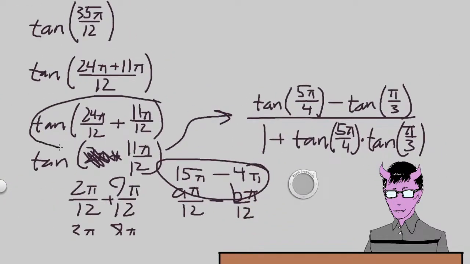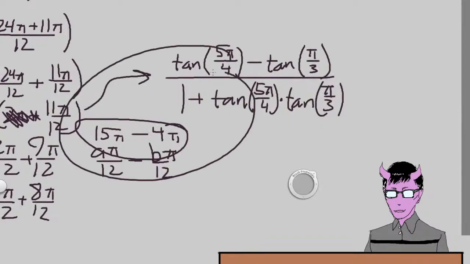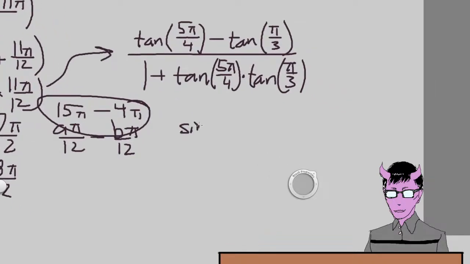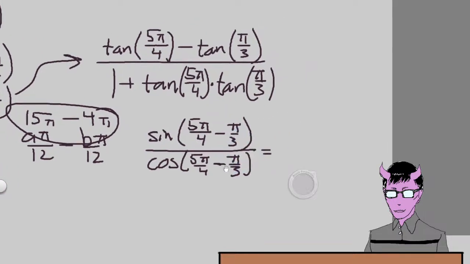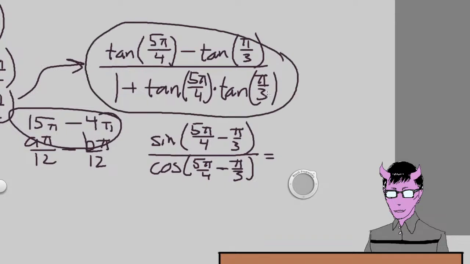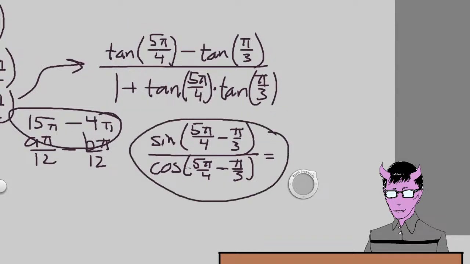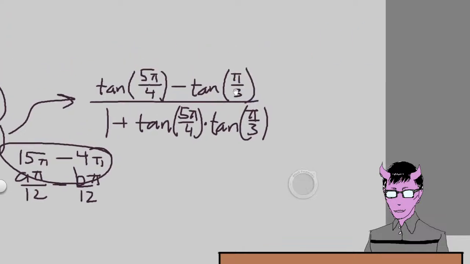So instead of treating this like a tangent problem, you can change it into sine of 5 pi over 4 minus pi over 3 over cosine of 5 pi over 4 minus pi over 3. It's a little bit more work, but if you hate memorizing this monstrosity, you could just do it like this. It wastes maybe 3 to 5 more seconds. I don't know. But let's do the shorter method.